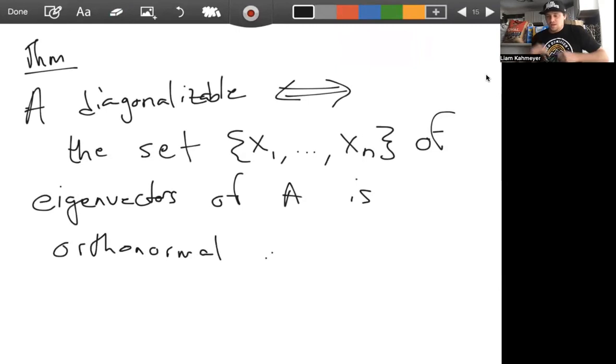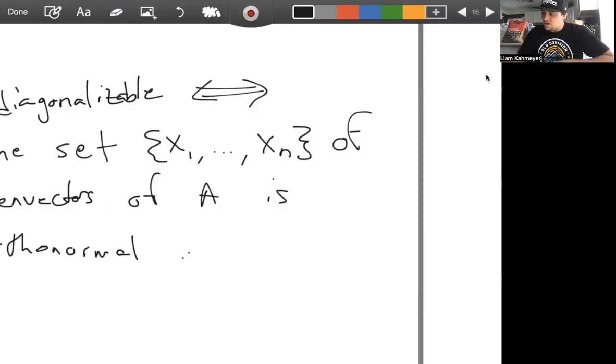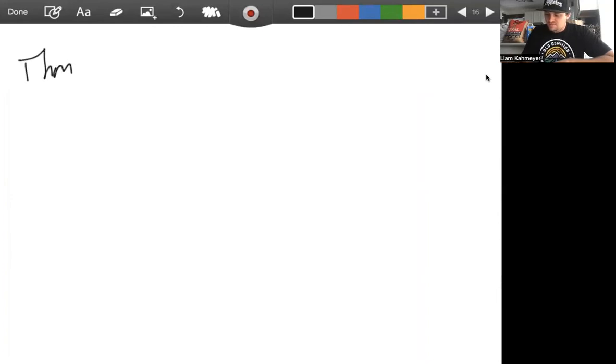And so this is an if and only if. And so another way that we can see if a matrix is diagonalizable is to see if the set of eigenvectors is orthonormal.